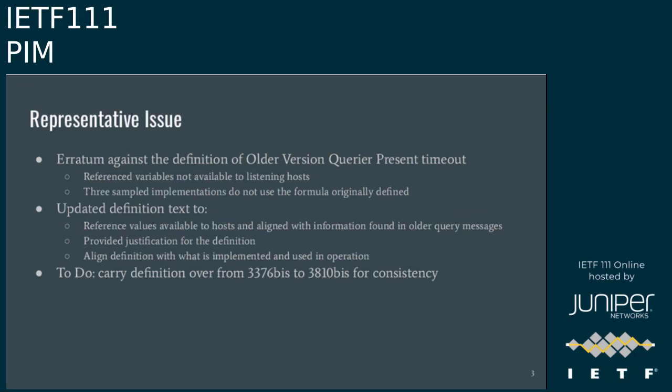The definition text was updated to reference values available to the host, more aligned with the information found in older query messages. Clear justification for this definition is provided in the BIS document, explaining why it was required in the first place. Now the definition is more aligned with what is implemented and what is used in operation.